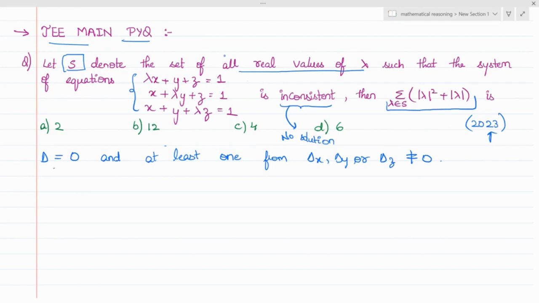So it should satisfy two conditions. First, let us use this. Delta is the determinant with rows lambda 1 1, 1 lambda 1, 1 1 lambda. And this should be equated with 0.